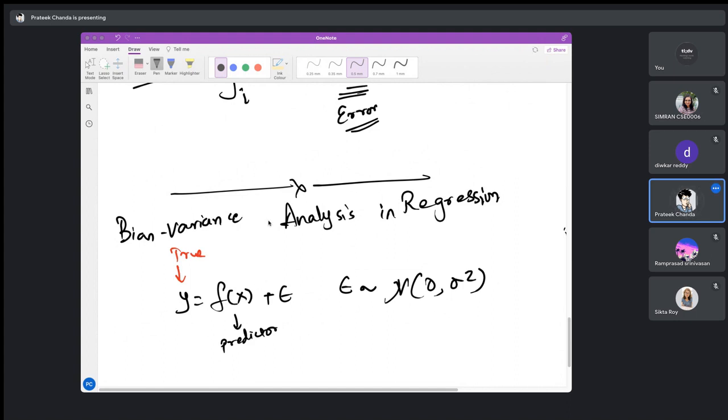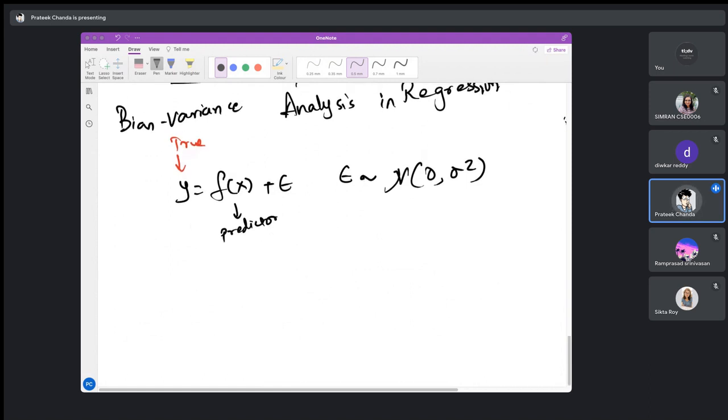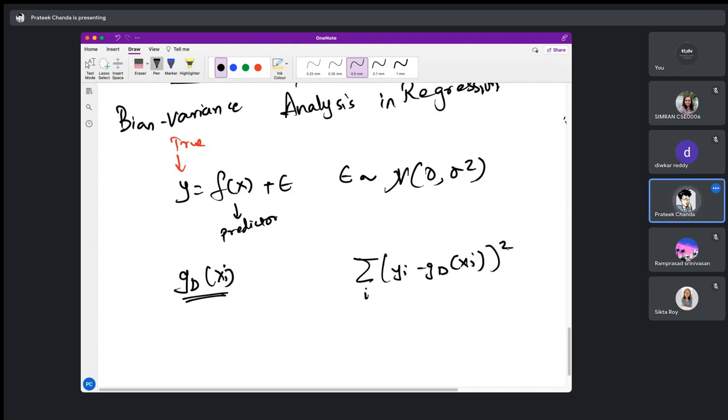And what we obviously want is to pick an estimator, let's say g_D(x_i), such that the summation over all the training instances is minimized over some w.